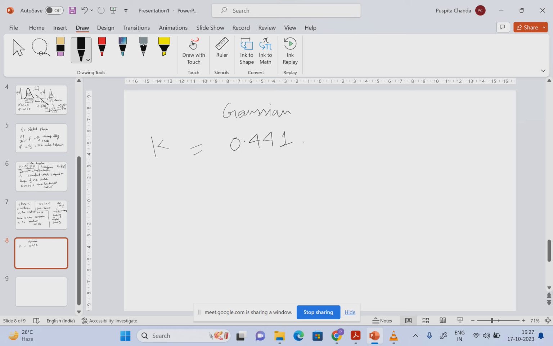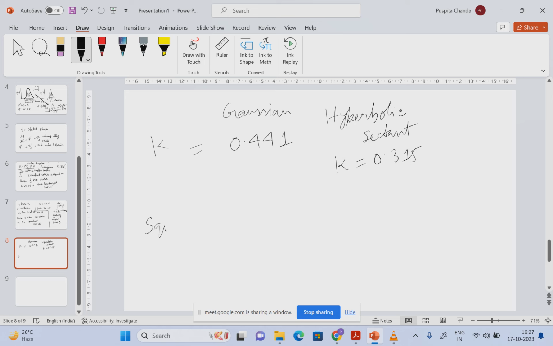For hyperbolic secant, k is equal to 0.315.